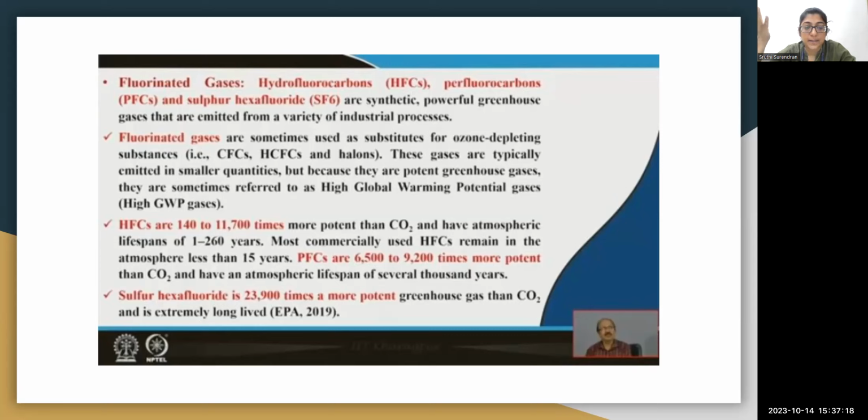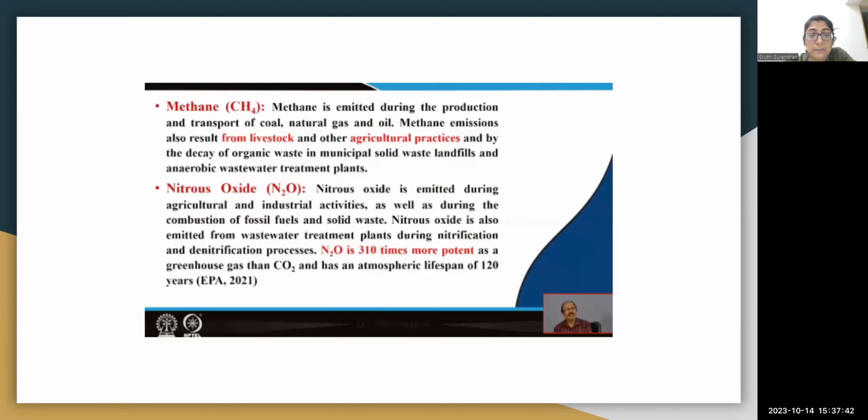Then we have PFCs, the perfluorocarbons, which are 6,500 to 9,200 times more potent than carbon dioxide, and they also have a lifespan of several thousand years. Similarly, SF6, which is sulfur hexafluoride, is 23,900 times more potent than carbon dioxide, also with a very long lifespan.